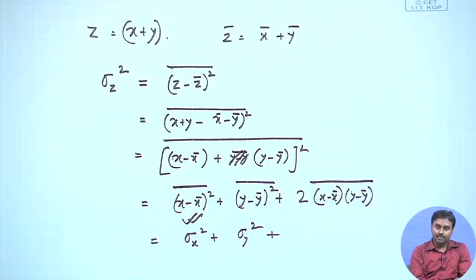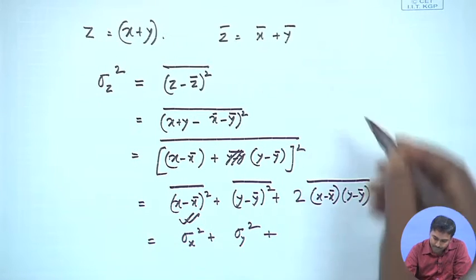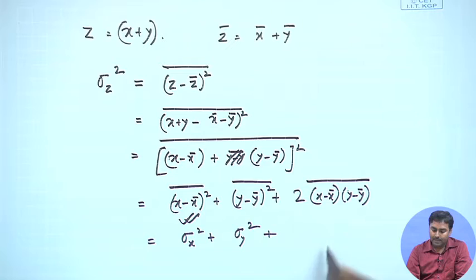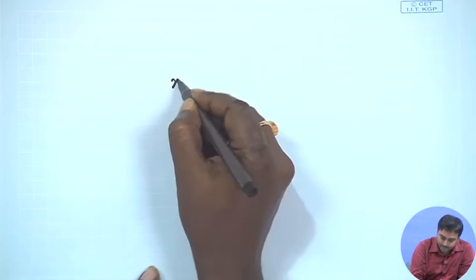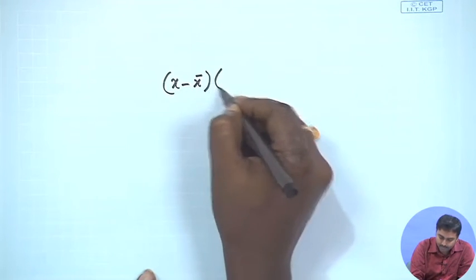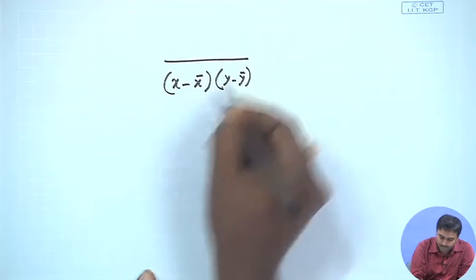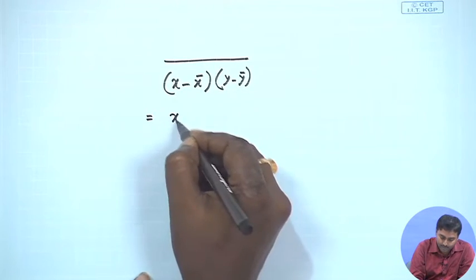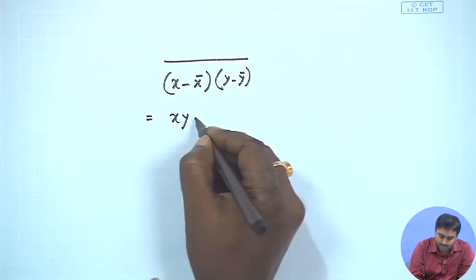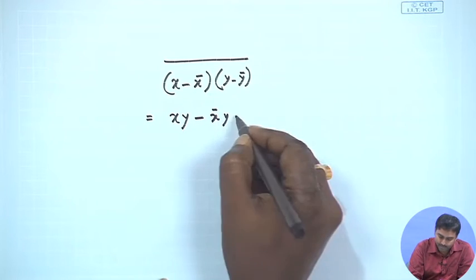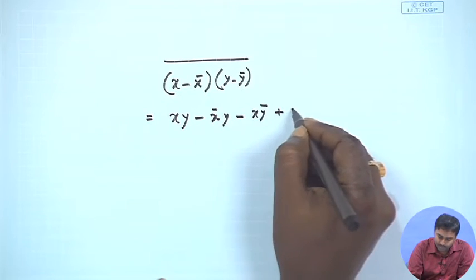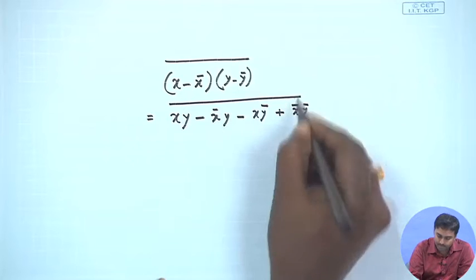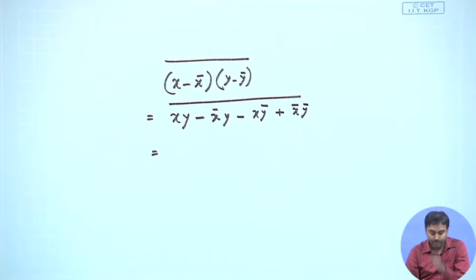Let us talk about the cross term. First of all, let us try to evaluate this, (x minus x bar) into (y minus y bar). So, this will be xy minus x bar y minus x y bar plus x bar y bar, again it will be distributed.